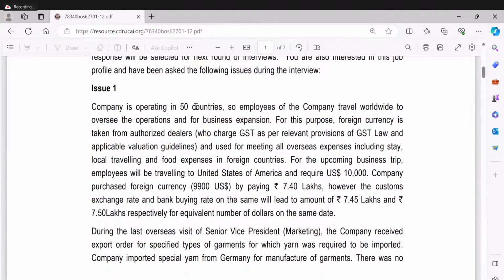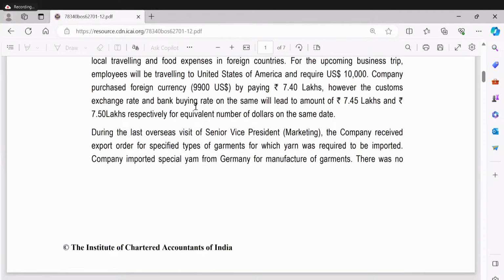As I already told you, we have with us the faculty for all other subjects also, and this is a multidisciplinary case study. So faculty for other subjects are also there. These issues will now be taken one by one by the other subject faculties. First of all, we have issues relating to goods and services tax, customs, direct tax laws.